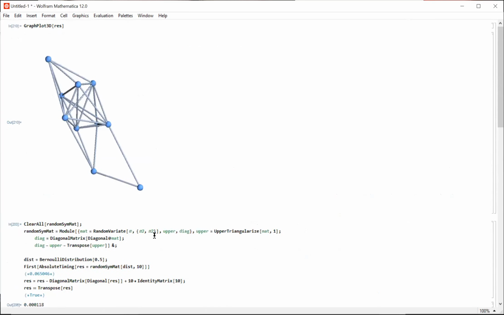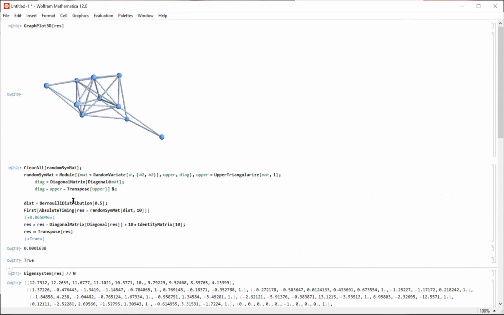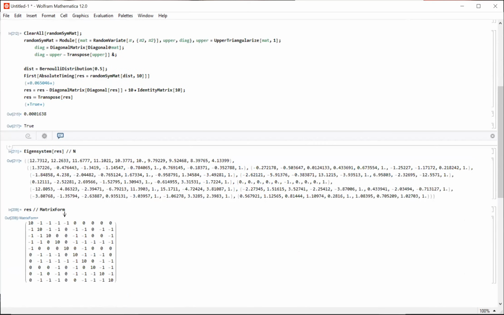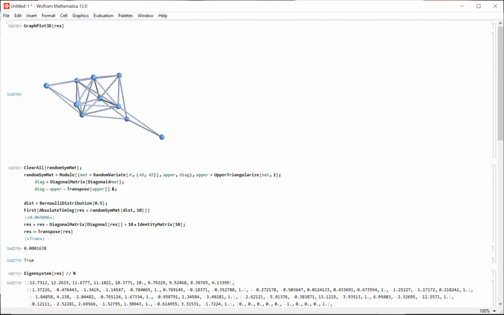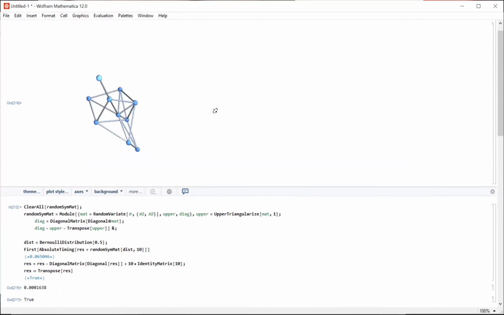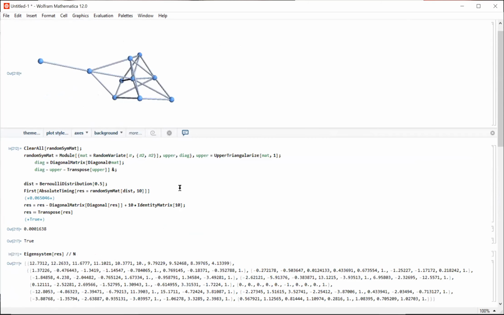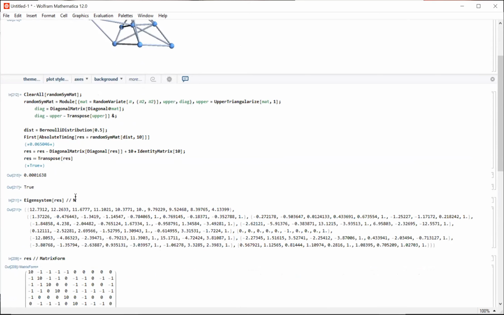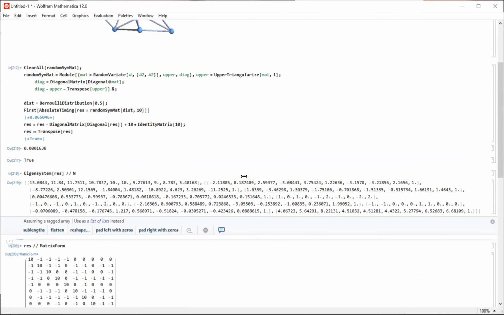So yeah, it's kind of fun to do this. You can just try out different random structures or invent your own. It's kind of cool. Mathematica always figures out a nice way to represent it, and you just make it spit out the eigenvalues.